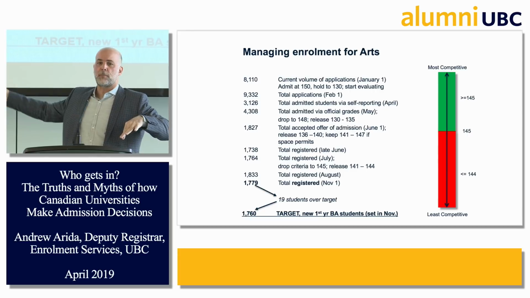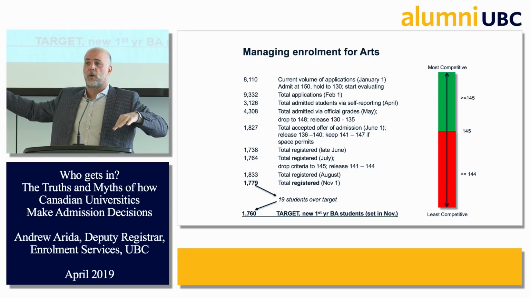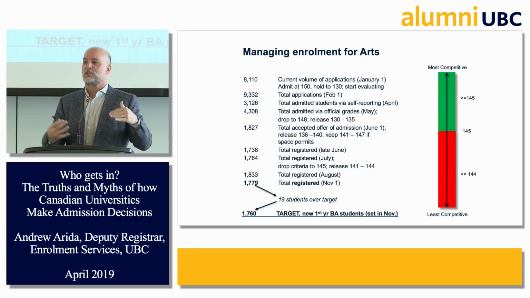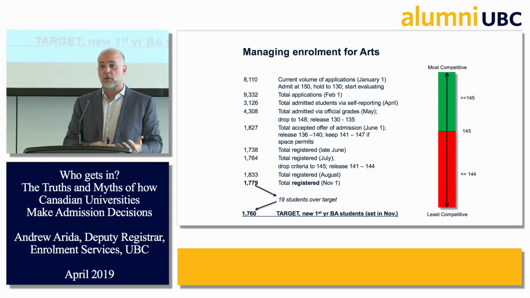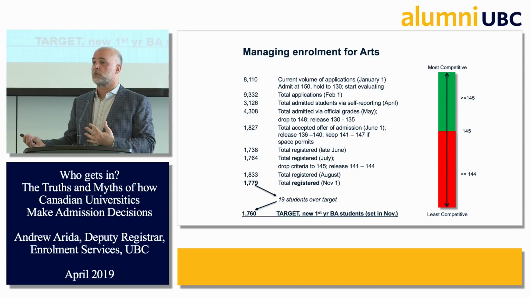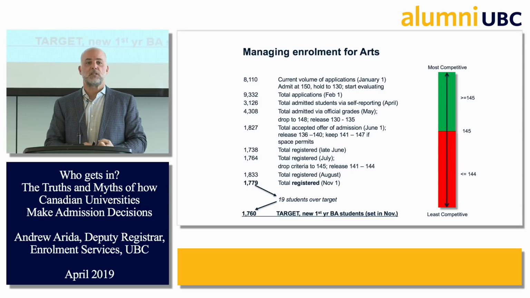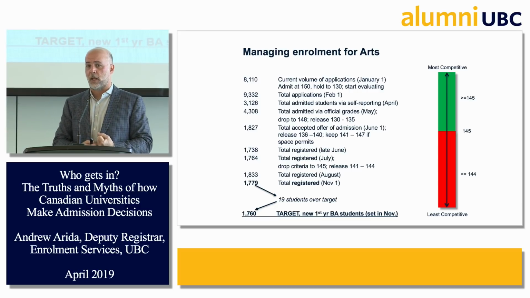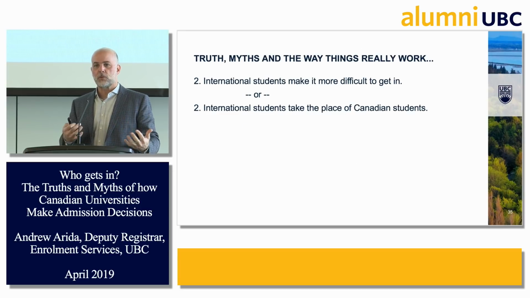It's an entirely separate process that works in the exact same way for international. It's just they're not in the same competition. So whether a lot of international students apply or no international students apply, I'm still taking in 1,760 first-year students into the BA program.